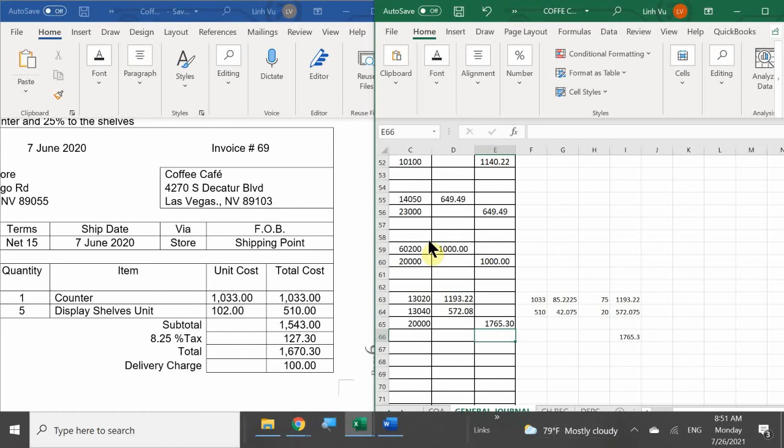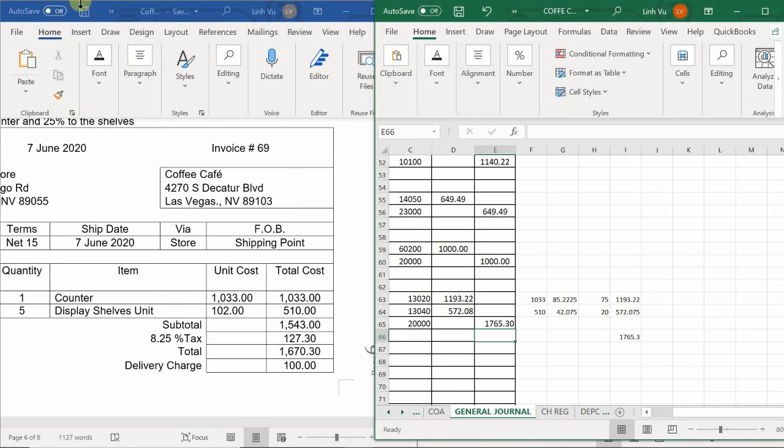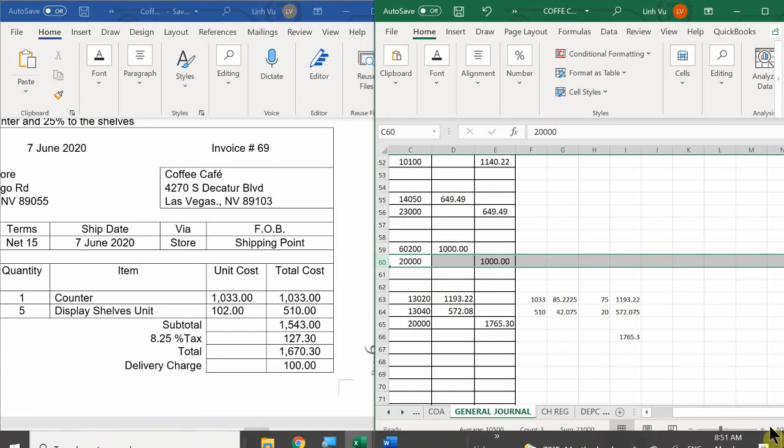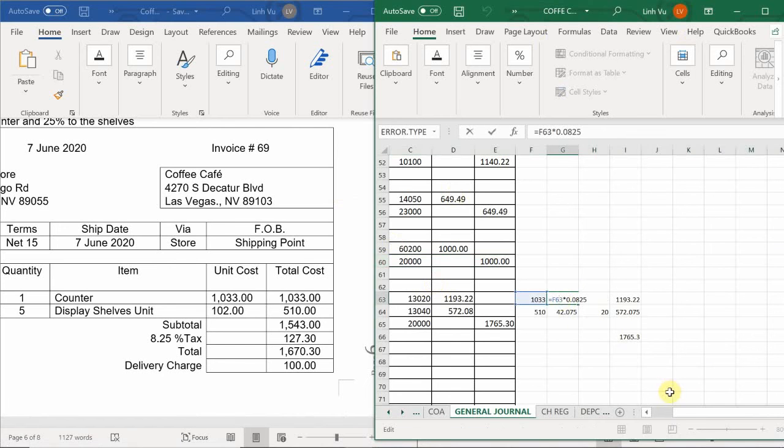Let's see. It's in the digit that you put for the... No, never mind. Let's review what the tax is.